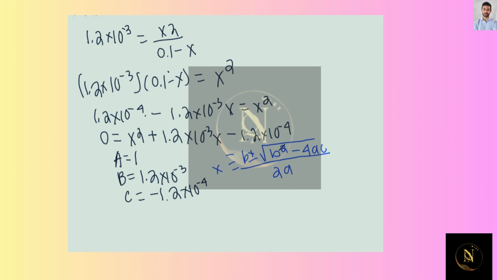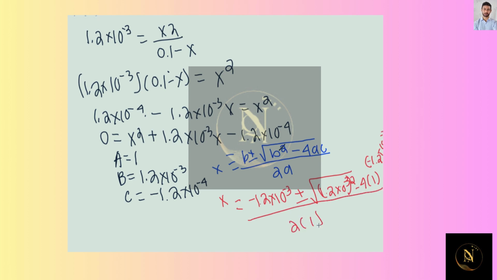So whenever we plug in the values we just found for a, b, and c, which are the coefficients of our equation up here, we get negative 1.2 times 10 to the negative 3 plus or minus the square root of (1.2 times 10 to the negative 3) squared minus 4 times 1 times negative 1.2 times 10 to the negative 4, all over 2 times 1.